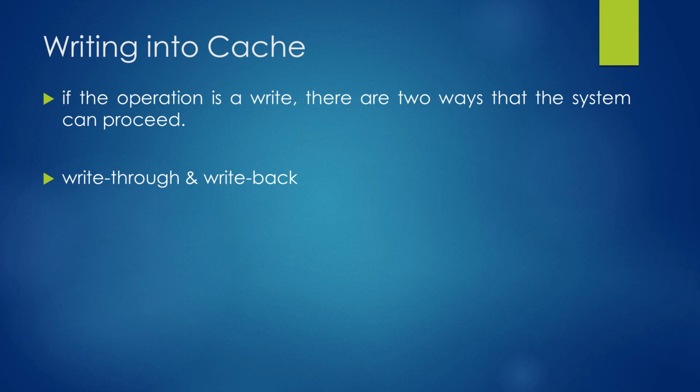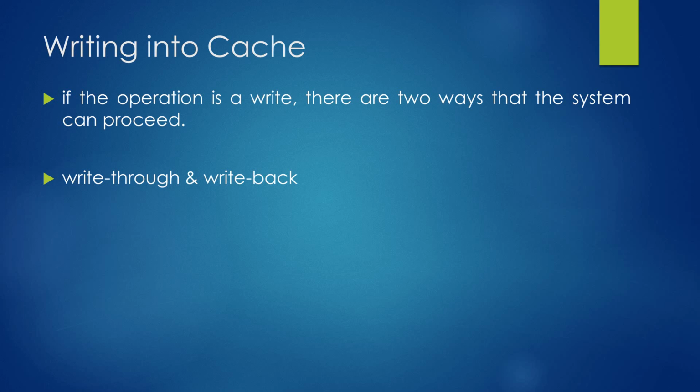But when you are writing into the cache, it can be done in two ways, that is write through and write back. Write through means you are writing to your main memory as well as cache memory together. That means we are writing cache and memory in parallel. So the block stored in cache and in main memory will be the same.